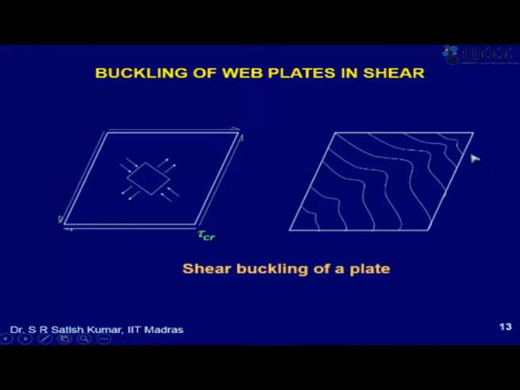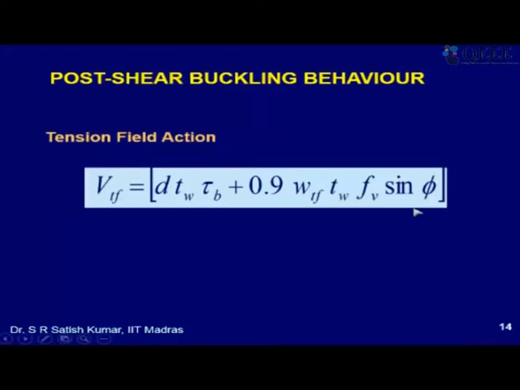So even shear buckling is stable, and we know the shear buckling coefficient for a plate. That is how we use this in the design of plate girder webs. This is what is called tension field action, which adds to the shear buckling strength. The theoretical shear buckling stress is tau critical, but the practical value for imperfect plates is tau b.